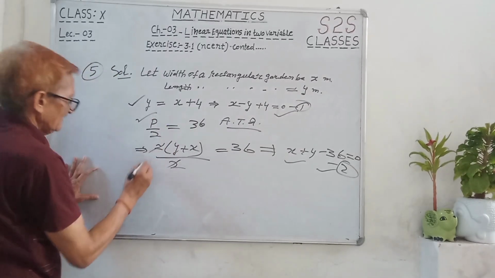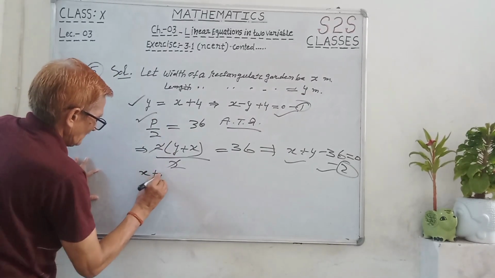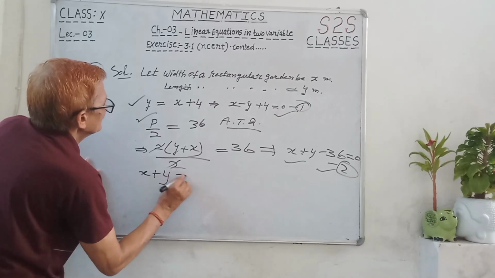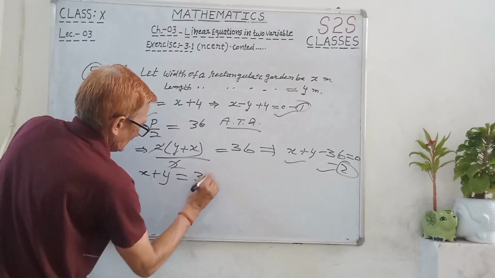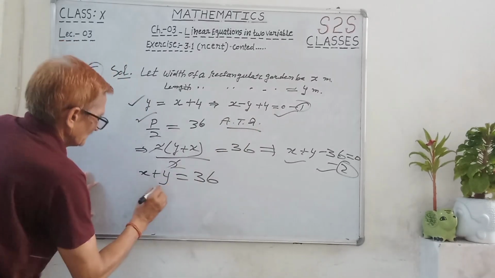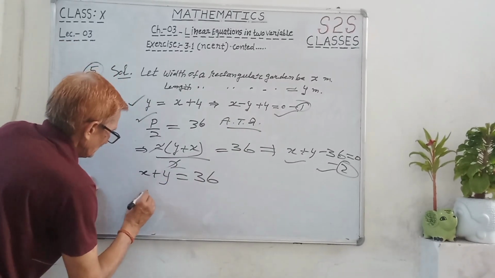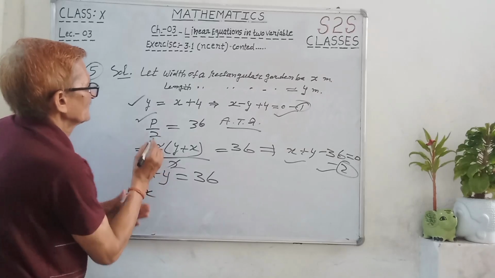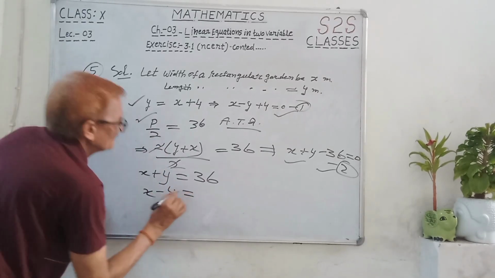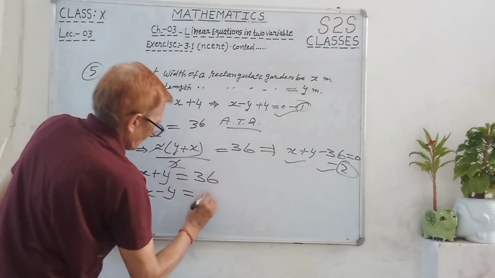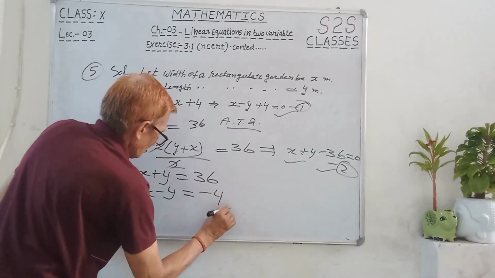So here x plus y is equal to 36, and here x minus y is equal to minus 4, since the plus 4 goes to the other side as minus 4.